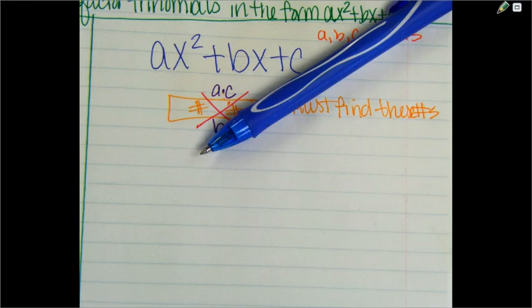Negative 42 and 1. What? Negative 42 and 1. It's so easy. I don't know what I'm thinking.